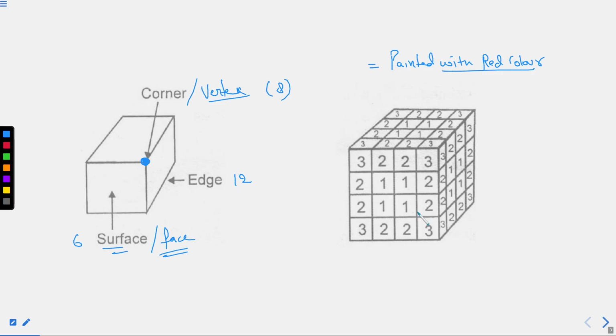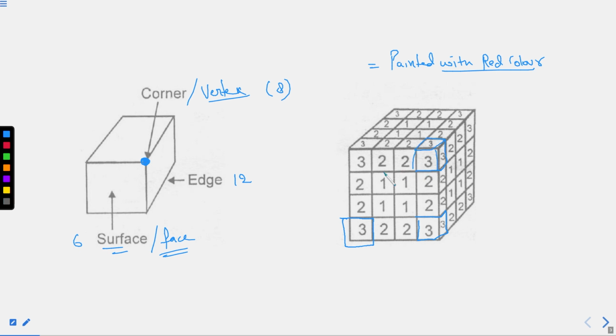So for 1 side we'll write 1, for 2 sides we will write 2, and for 3 sides we will write 3. As I have already told you, the smaller cubes at the vertices will get 3 sides painted, right?